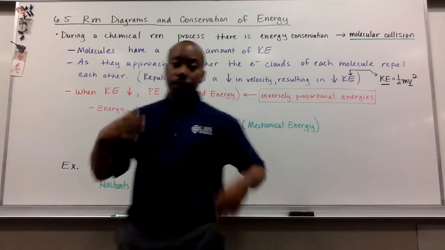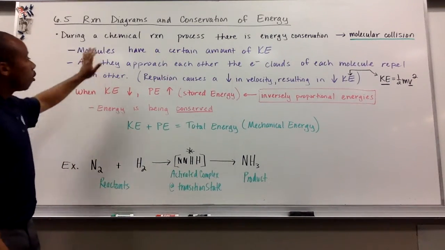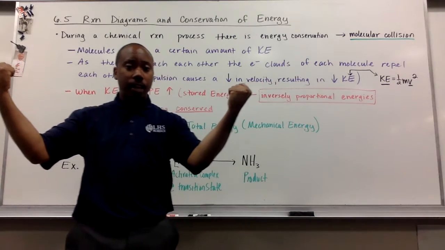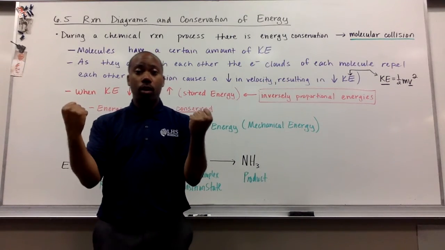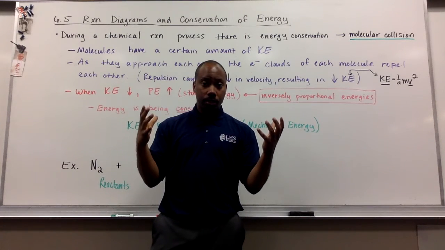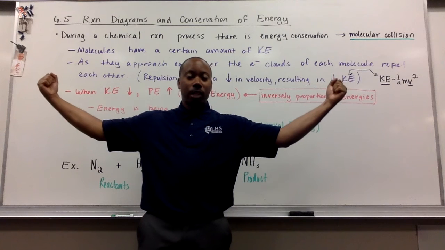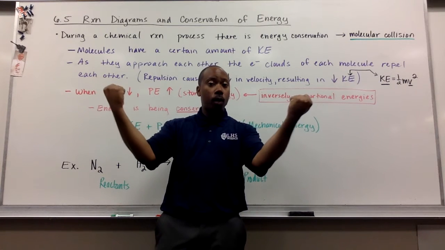So, a few key things. Molecules have a certain amount of kinetic energy. As they approach one another, they have kinetic energy, but they also have electron clouds on their exteriors. Well, the electron cloud is most of the atom. So with the electron clouds on the exterior, they start to repel one another.